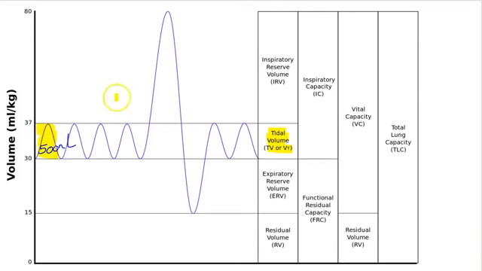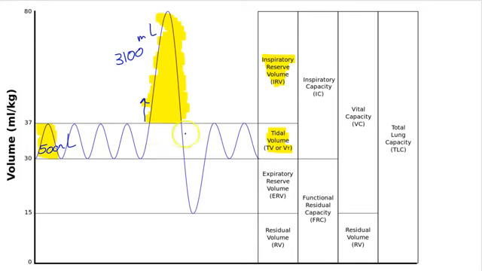Okay, now after normally breathing in, if you deeply breathe in, this amount of air that I'm going to highlight is the inspiratory reserve volume. So the inspiratory reserve volume is the amount of air that, after normally breathing in, you deeply breathe in, which on average would be around 3,100 milliliters.